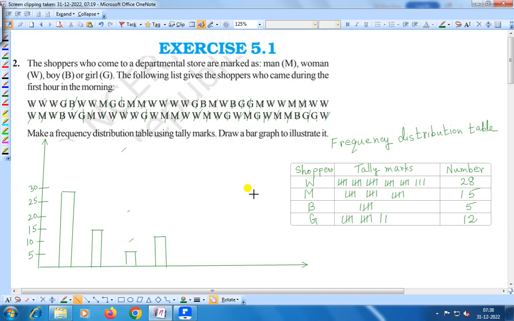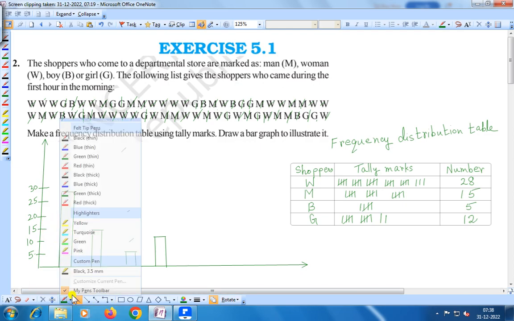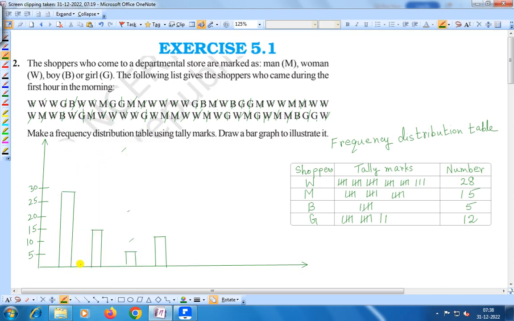Right? We make this one. Now you see here, this is actually for women. Women is 28, right?